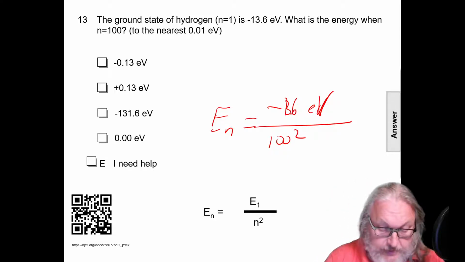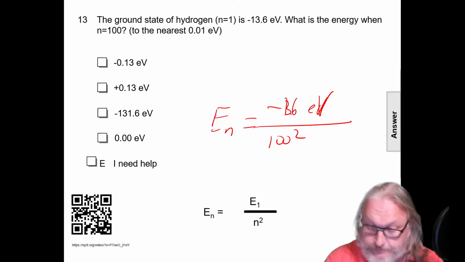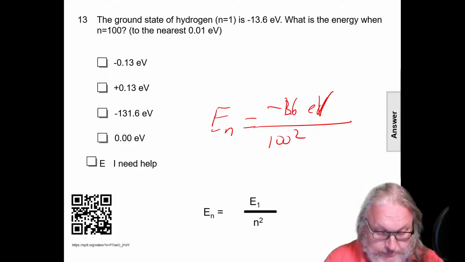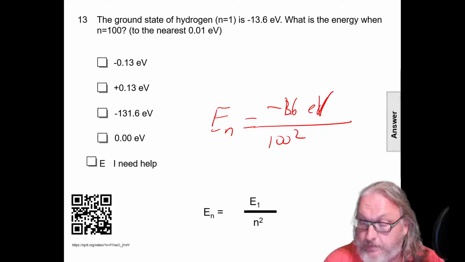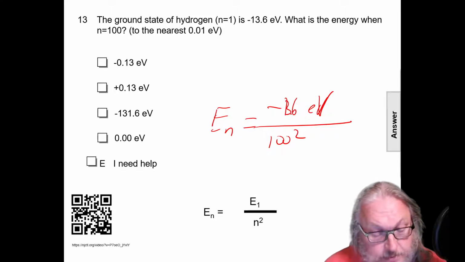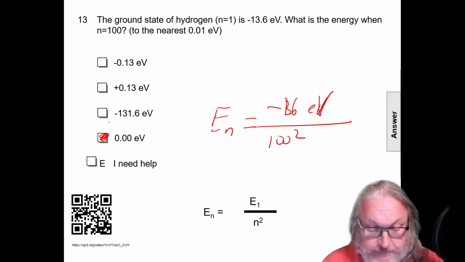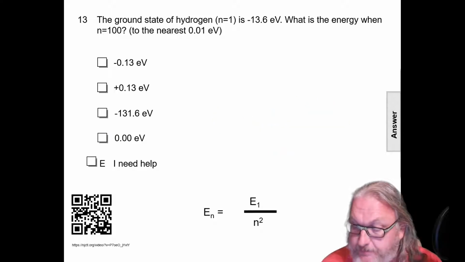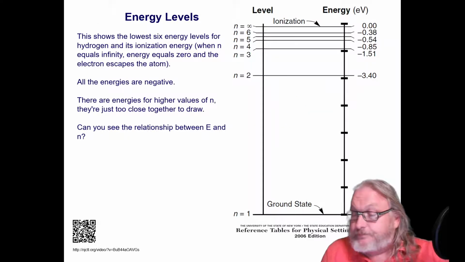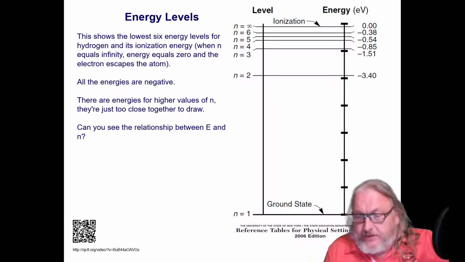If I put that into my calculator, divided by 100 squared, that's 10,000, I get minus 0.00136. So if I look at it, I get about 0 electron volts. So there's no energy there. We're almost at infinity there.